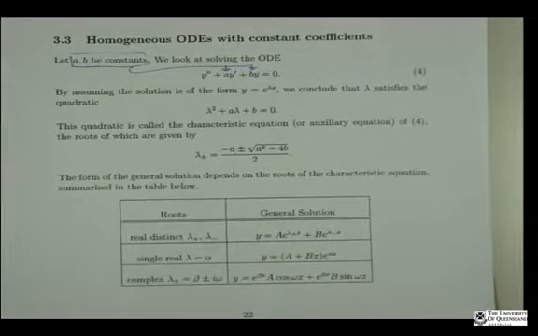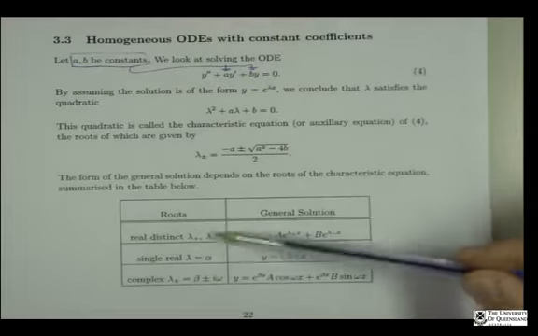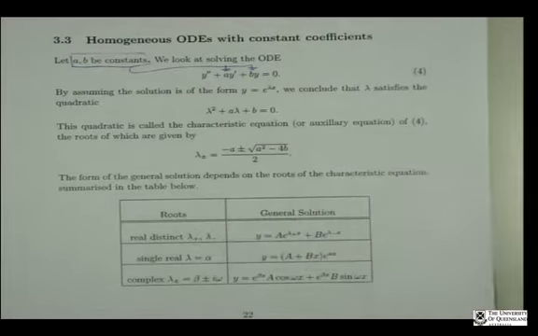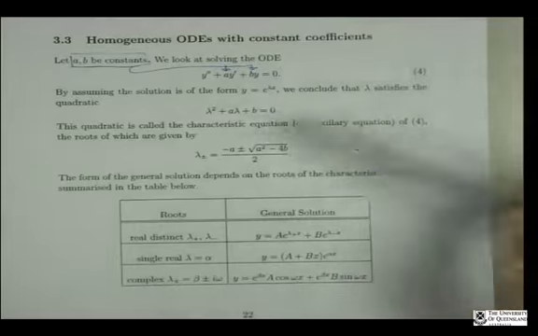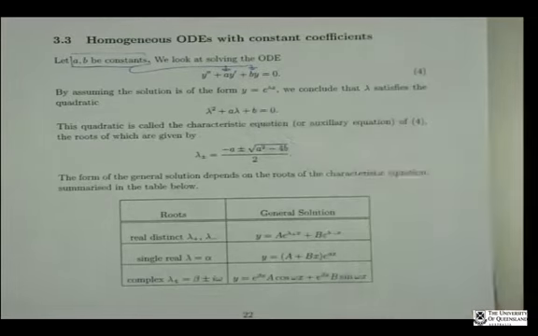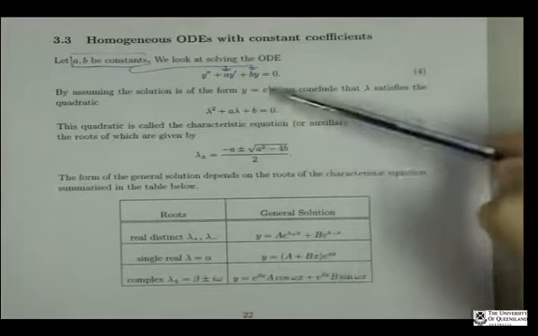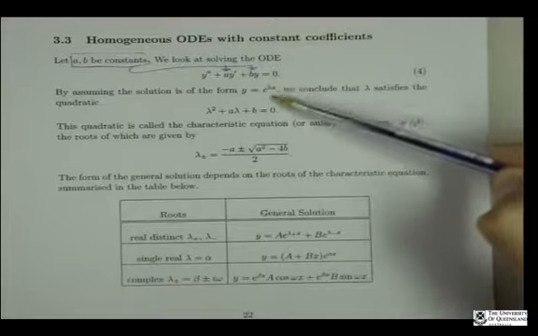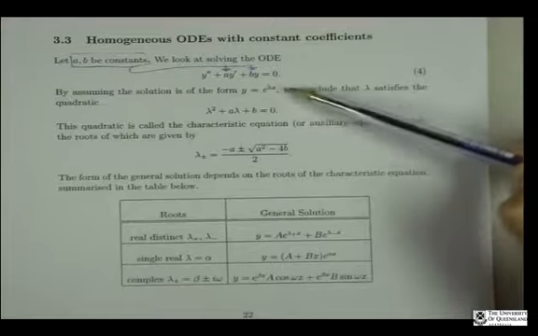Since we've got two different values of lambda, remember what the result on the general solution says at the top of this page, that's just off screen: all we need are two linearly independent solutions in order to write down the general solution. If we can work out two different values of lambda that satisfy that quadratic equation, often called the characteristic equation of the differential equation, then we have two values of lambda for which e to the lambda x is a solution to the equation.